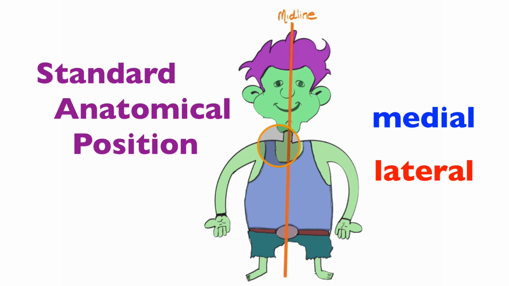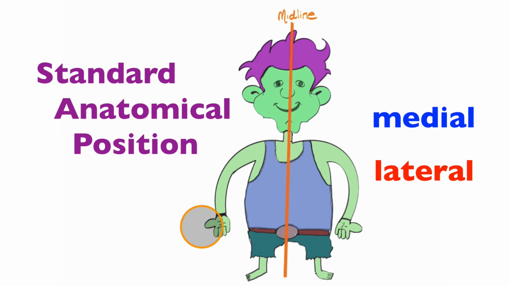And we always describe things in reference to standard anatomical position. In standard anatomical position, the individual is facing forward or the organ is facing forward. The palms of the hands are facing forward. The thumbs are out to the sides.